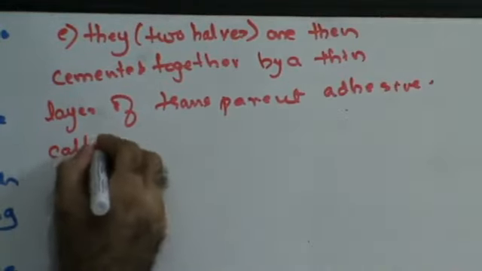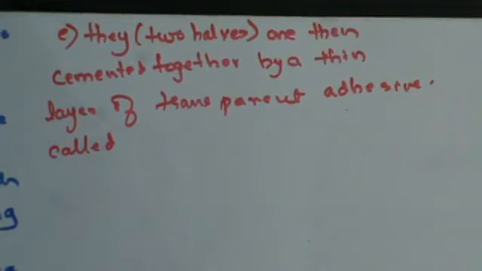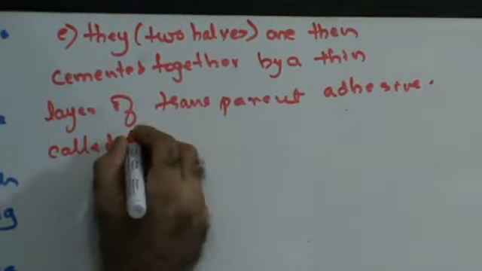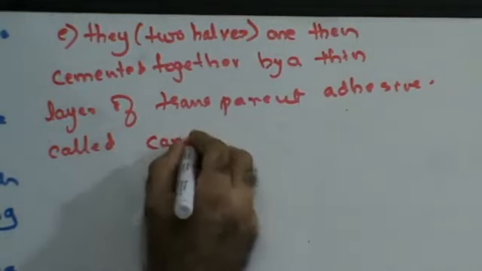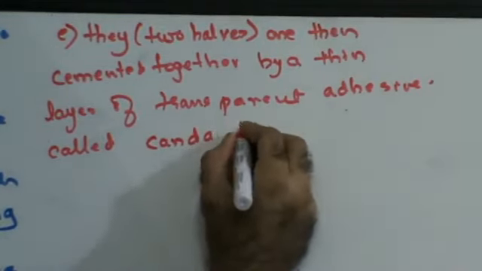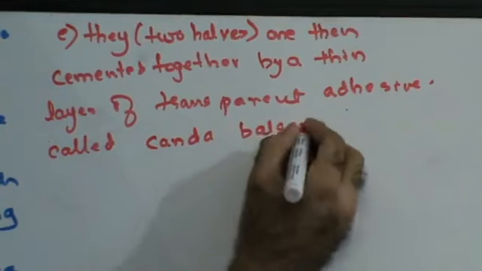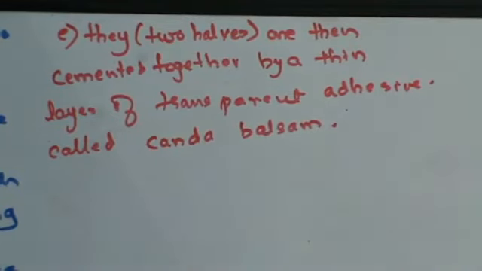There's a specific adhesive that has to be used, and the name of this particular adhesive is Canada Balsam, right? So they are going to be stuck together with this layer.